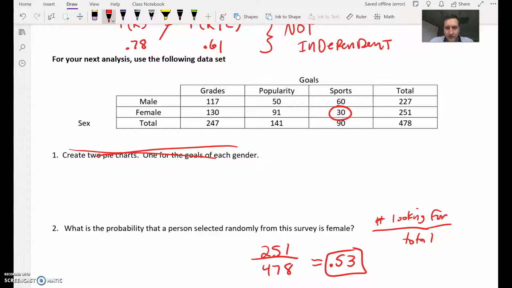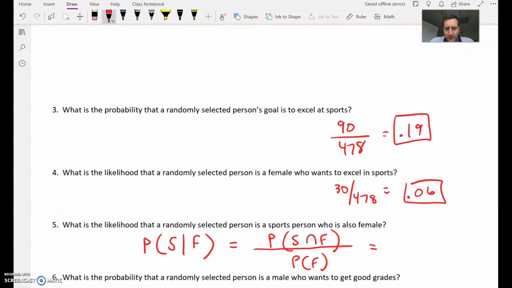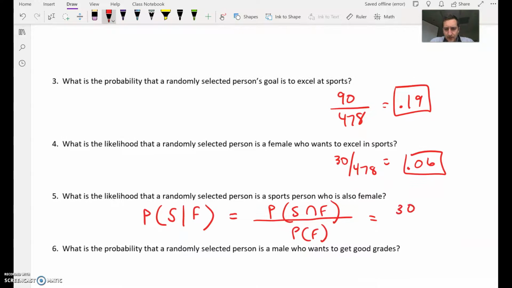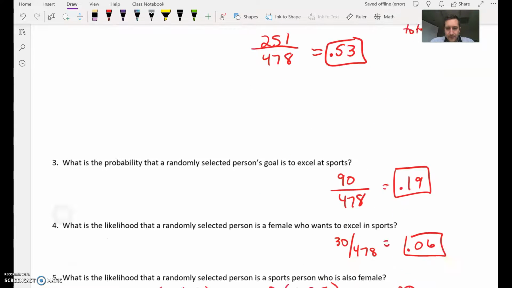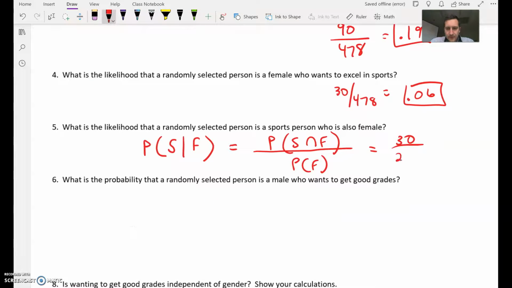We just found that on the previous question. So 30 over probability of a female. So female will just be 251, which equals 0.12.